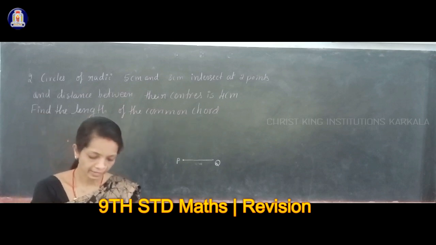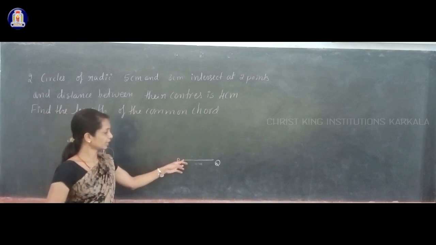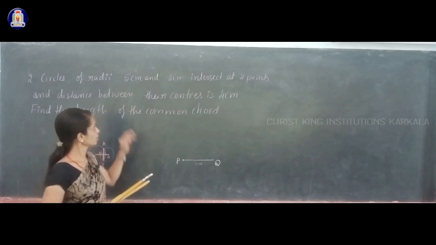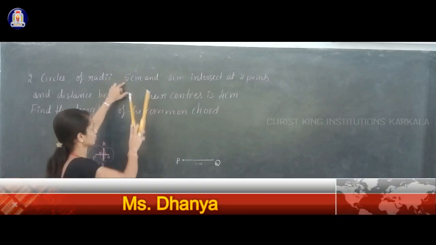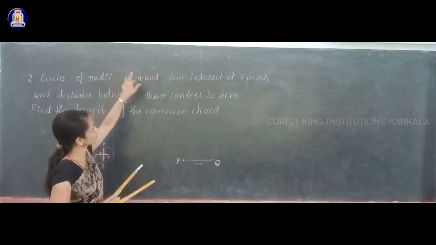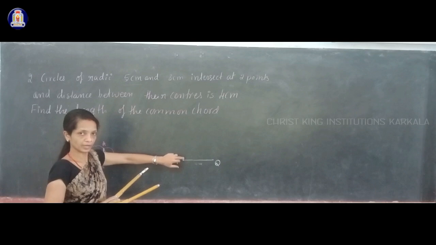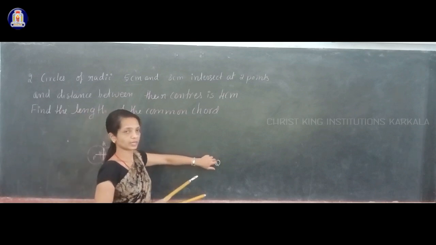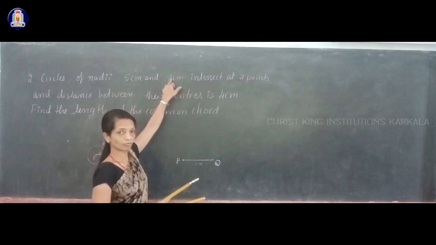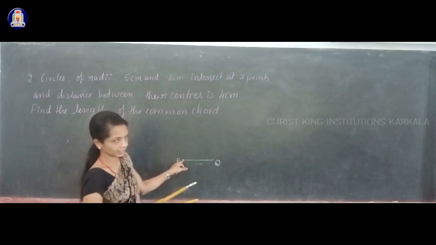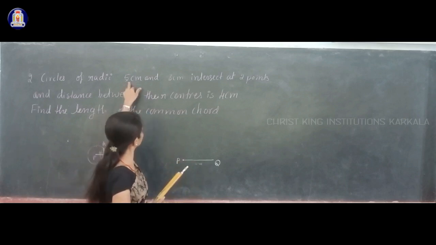Okay, and at one end of this line you have to draw one circle of radius 5 centimeter. First you draw one circle of radius 5 centimeter at one end point P. Next, at the other end point of that line you draw a circle of radius 3 centimeter, taking Q as the center.